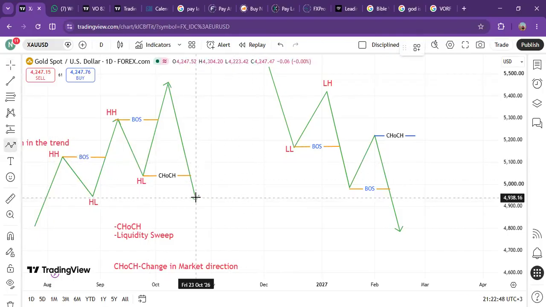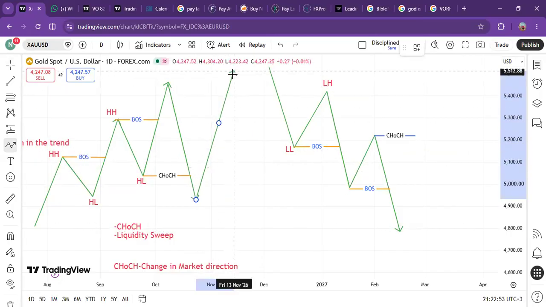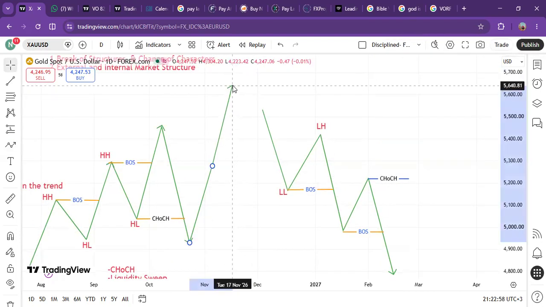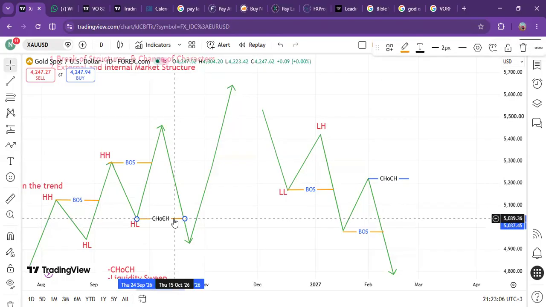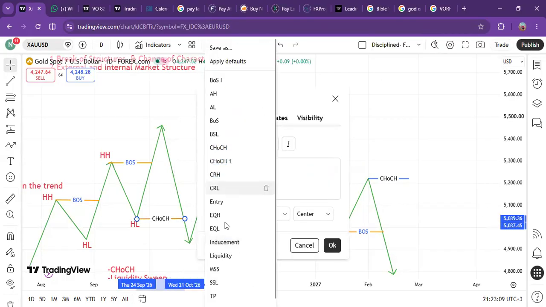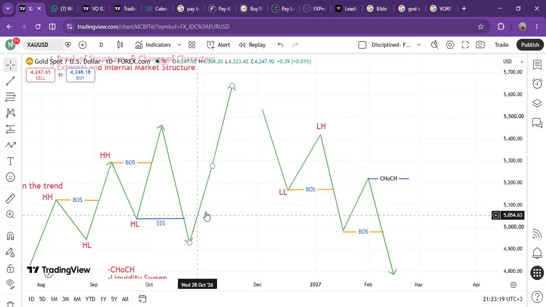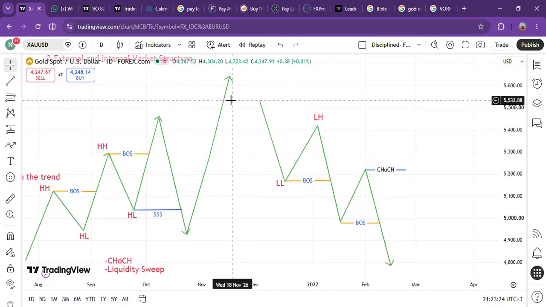The second thing is, what if the market does not do this and just continues with the normal direction and closes above here? So this will not be a change of character because you have not shifted in any direction. So what this will be, we refer to as liquidity sweep. Okay, so the market will be hunting for liquidity below this area here. So that will be a liquidity sweep. And the market will continue with the normal direction up.